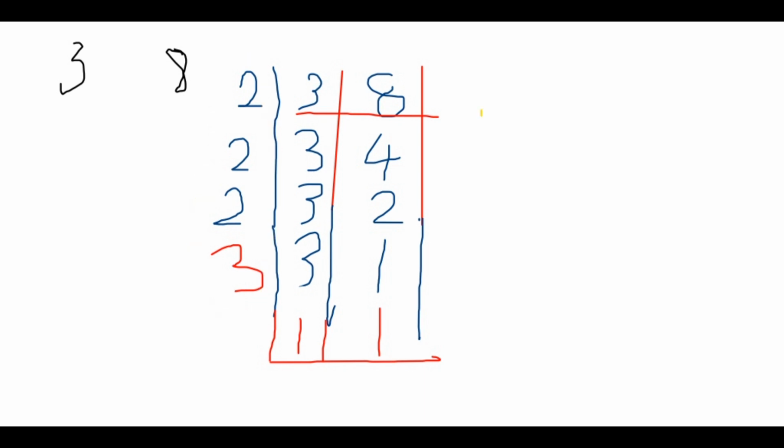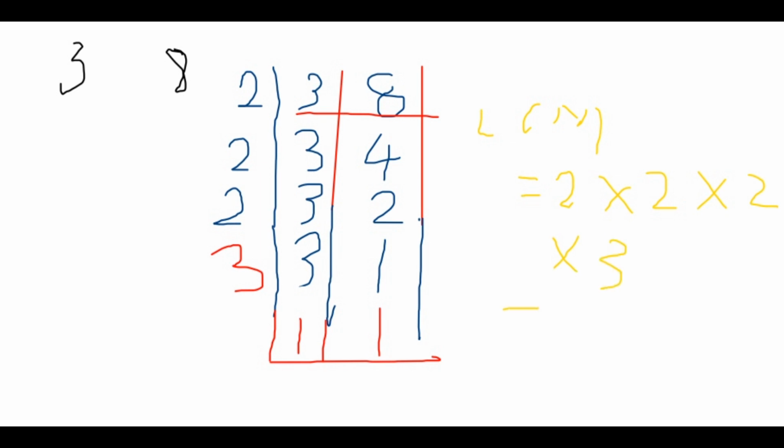So therefore the LCM is equal to the product of everything on this left hand side, which is 2 times 2 times 2 times 3.